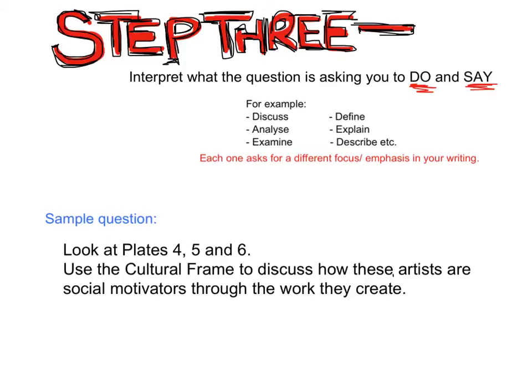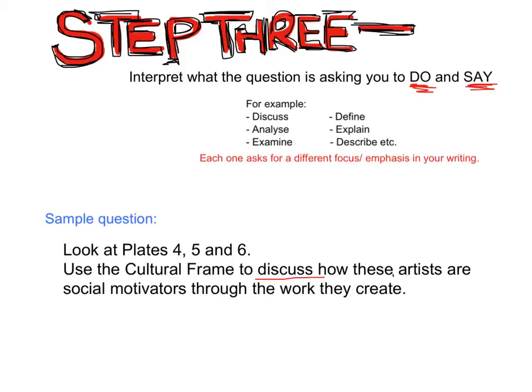In most cases, you'll be presented with a glossary term or verb that highlights where you need to go with your response. Some examples of glossary terms or verbs are discuss, analyze, examine, define, explain, describe. Within this question, hopefully you have identified discuss as being the glossary term.